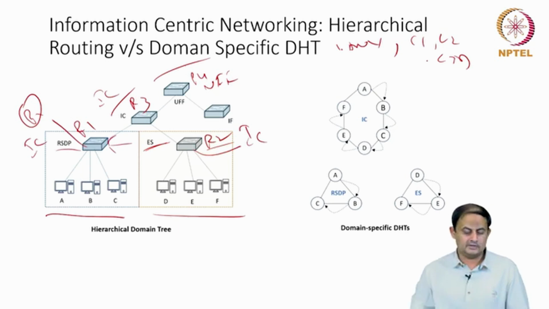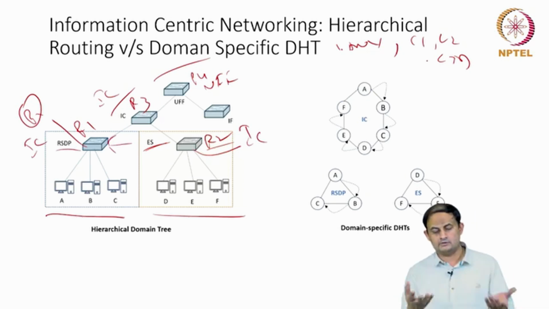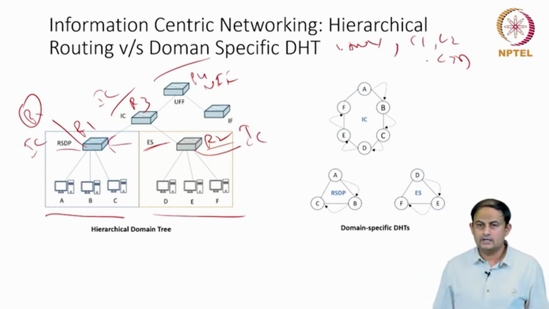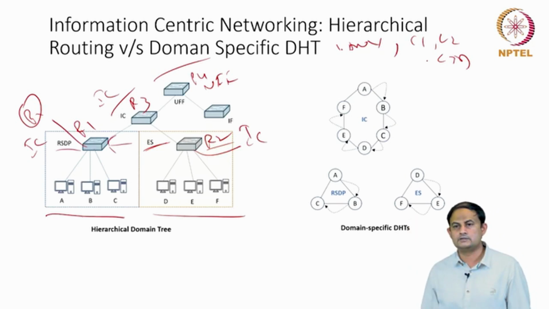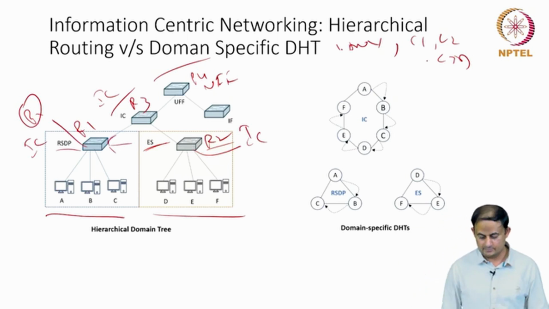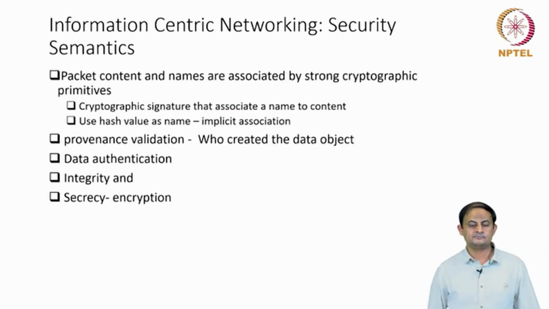So for this network example, the RSDP prefix can be consumed by nodes ABC, ES is consumed by DEF, and ABC and DEF are all interested in IC. I circulate these respective hash tables among those particular sets of nodes, and referring to those hash tables, they can make the routing decisions, and how to get the content can be decided dynamically. So this is another way of looking at the routing operation.